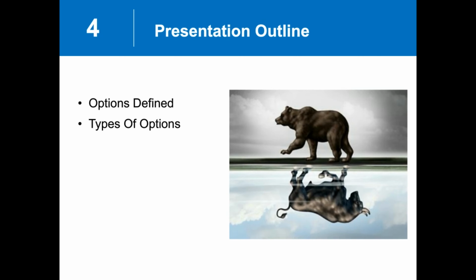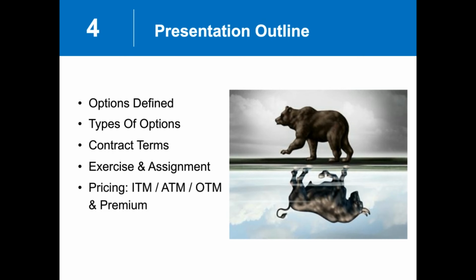Then we're going to get into pricing, what we call in the money, out of the money, at the money, so some of the different option pricing concepts, as well as premium, the amount that we're buying and selling. And then, as I had mentioned, we're going to have a Q&A session at the end where we'll certainly be happy to take your questions, both from our live audience and our online community, and then we're going to wrap things up.